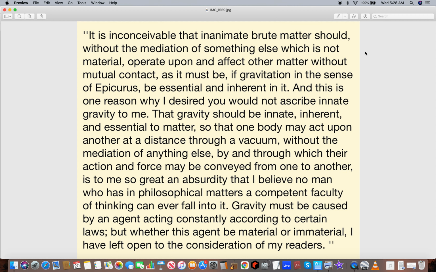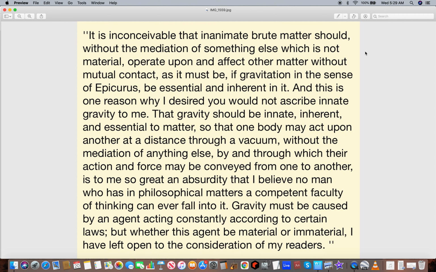And this is one reason why I desired you would not ascribe innate gravity to me. That gravity should be innate, inherent, and essential to matter, so that one body may act upon another at a distance through a vacuum, without the mediation of anything else, by and through which their action and force may be conveyed from one to another, is to me so great an absurdity that I believe no man who has in philosophical matters a competent faculty of thinking can ever fall into it.